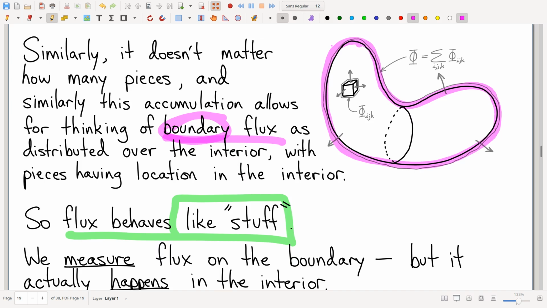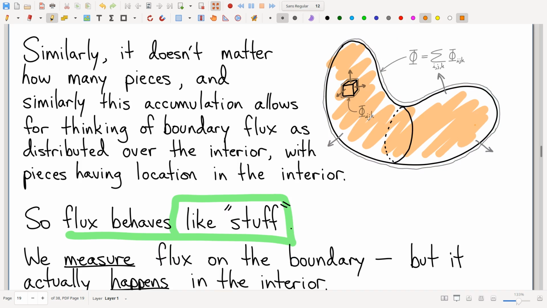It's a distraction. The point about boundary flux is not that you compute it on the boundary. The point about boundary flux in this context is that it is something you do to a solid. You give me a solid, and I can compute the boundary flux. You give me a sub-chunk of solid on the inside, I can compute its boundary flux.